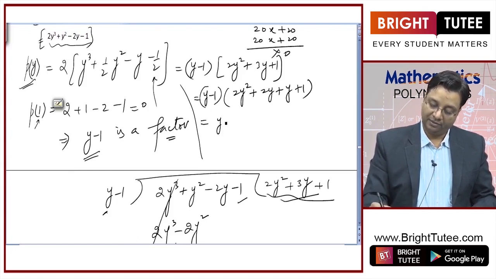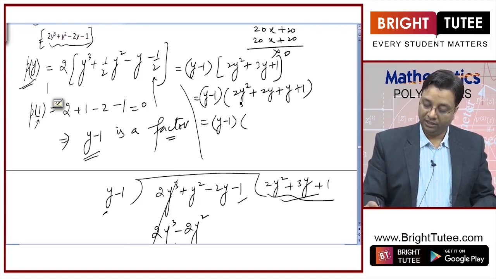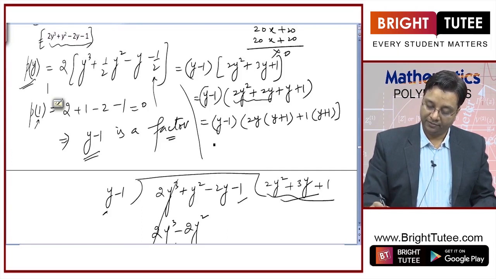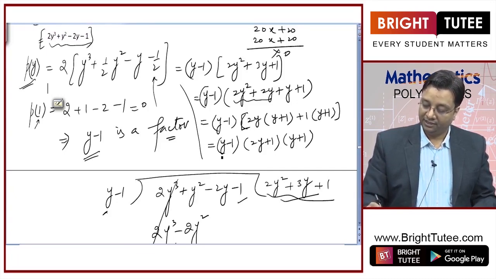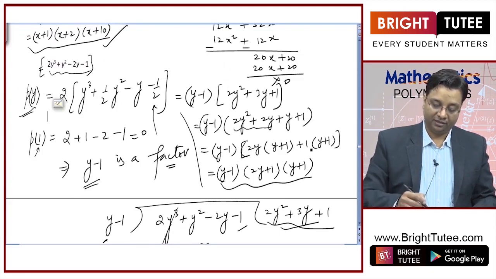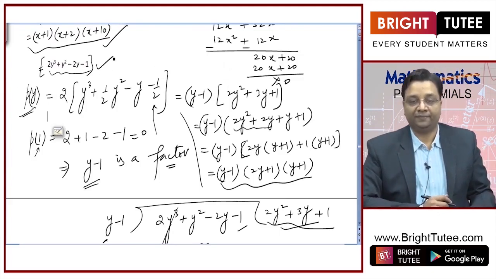So it is y minus 1 into, if you take 2y as common, it will give you y plus 1 inside. And if you take 1 as common, it will be y plus 1 inside. So y minus 1, 2y plus 1 into y plus 1. This is the factorization of the given cubic polynomial, right?